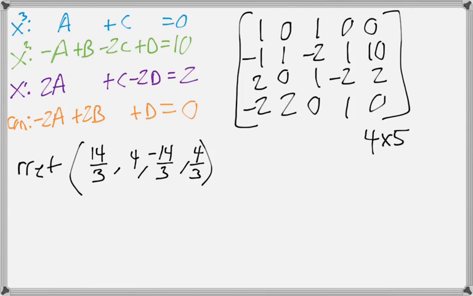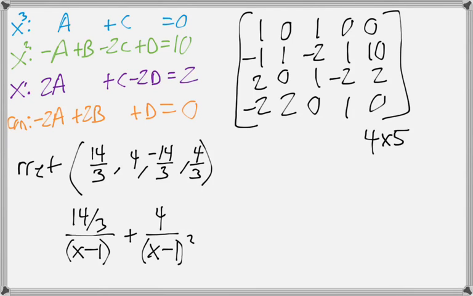So this will be 14 over 3, x minus 1, plus 4 over x minus 1 squared, plus negative 14 over 3x, plus 4 over 3, all over x squared plus 2.